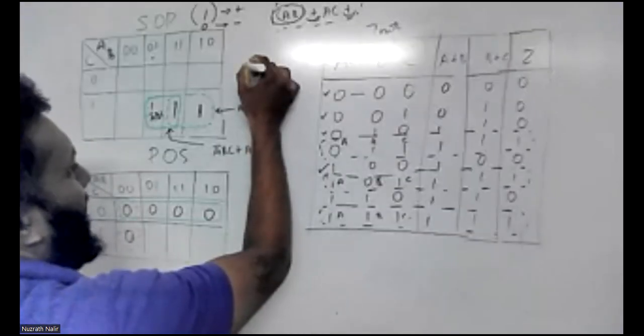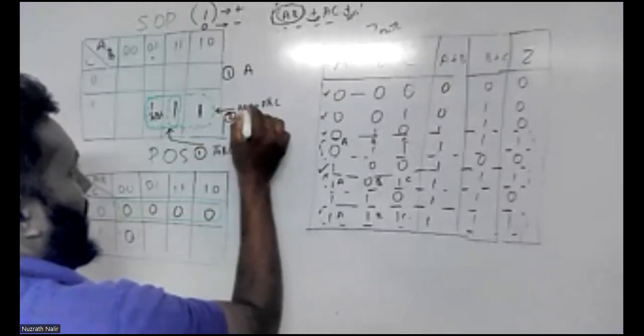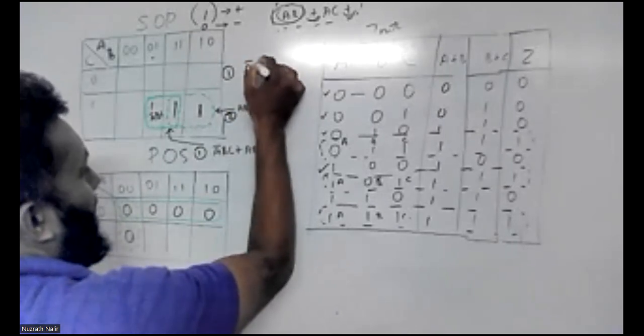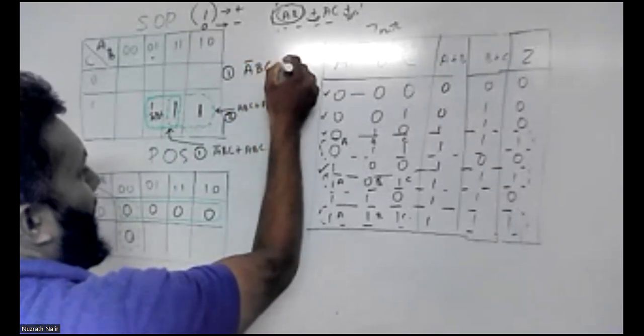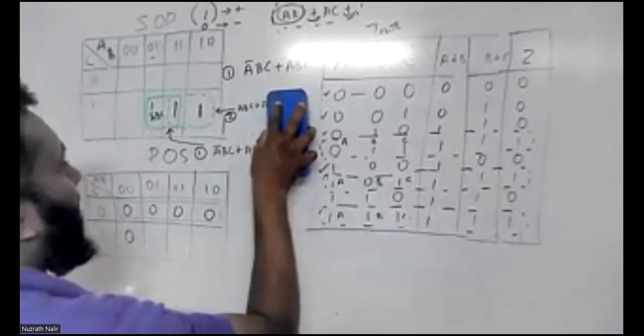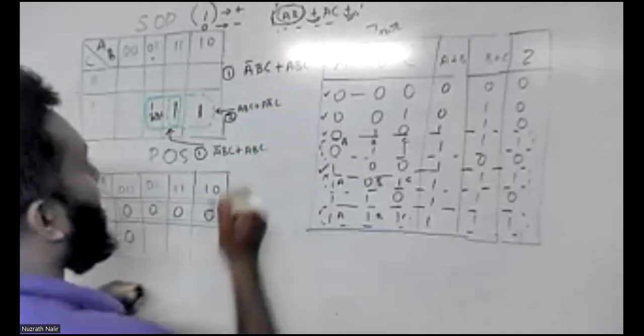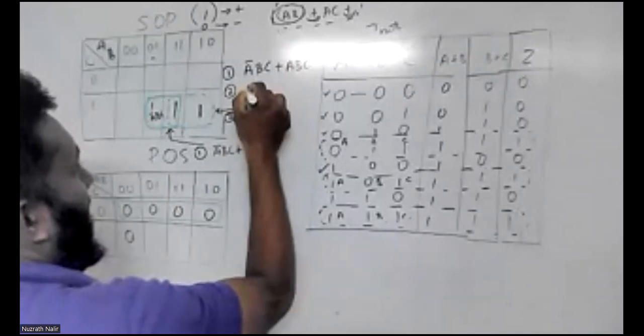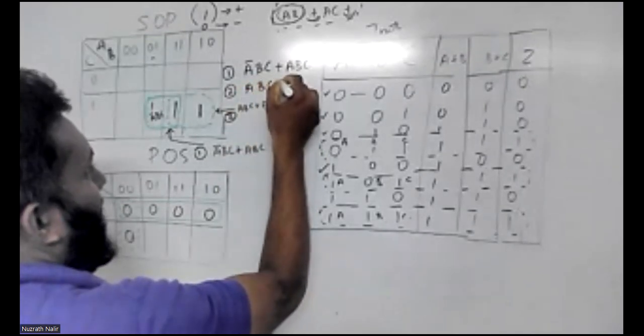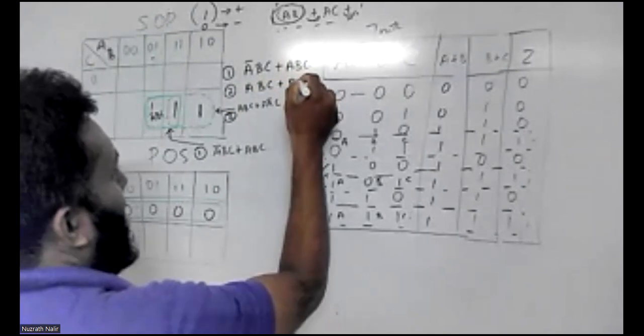Let's see how to summarize this one. This is the first group, this is the second group. A bar B C plus A B C. Look at this carefully. I hope you know how to do this one. So the second combination A B C plus A B bar C. Okay, so these are the combinations.